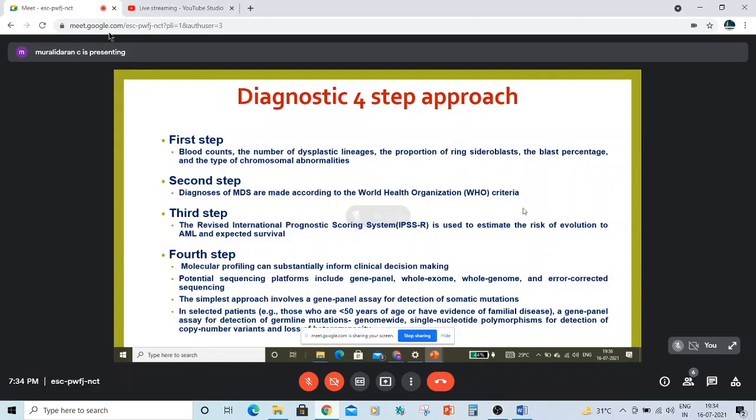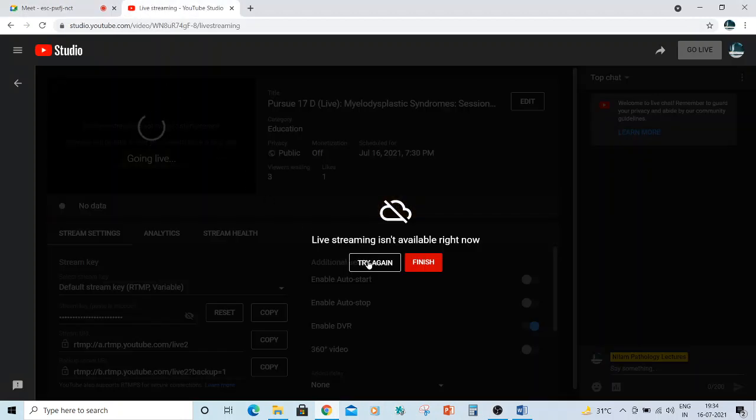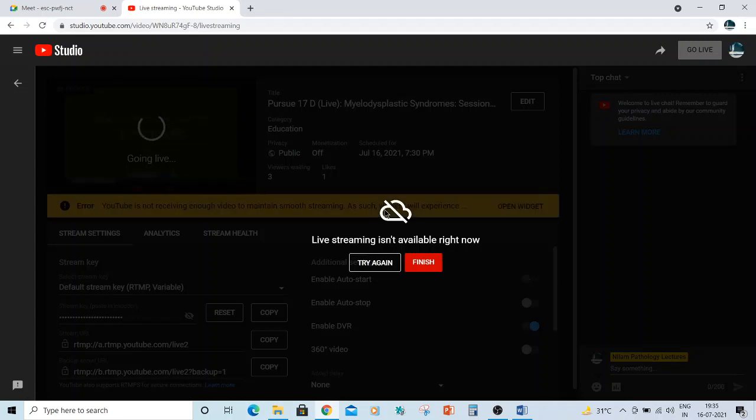This is the first step. The second step is to make a diagnosis of MDS based on WHO criteria, and the third step is to put those criteria into IPSS-R to find out the evolution to AML and expected survival. A fourth step has also been added, that is molecular profiling, because in future it will also be added into the diagnostic approach.